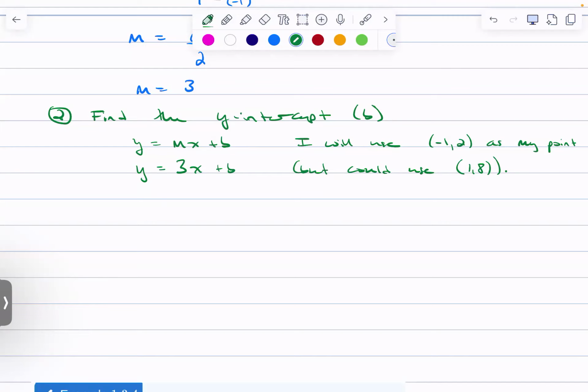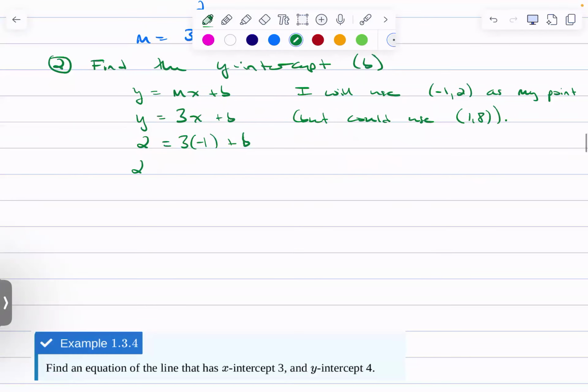I forgot to plug in my point. That's okay. It's just an extra line. So y is 2. If y is 2 on this line, then x is -1. So I have 3 times -1 plus b. So 2 is equal to -3 plus b, which means b must be 2 plus 3.